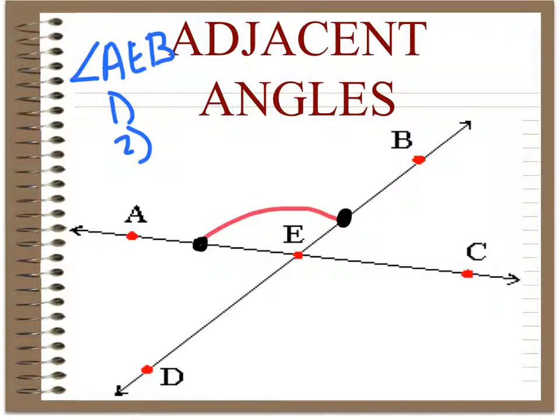From here you're going to go away from the center of that angle, and you're going to stop when you get to the other one. And you're going to do the other side and stop when you get to the other ray or a segment that's coming off the letter E. So here's our common vertex, here's our common side, and you've just identified two adjacent angles for this drawing.